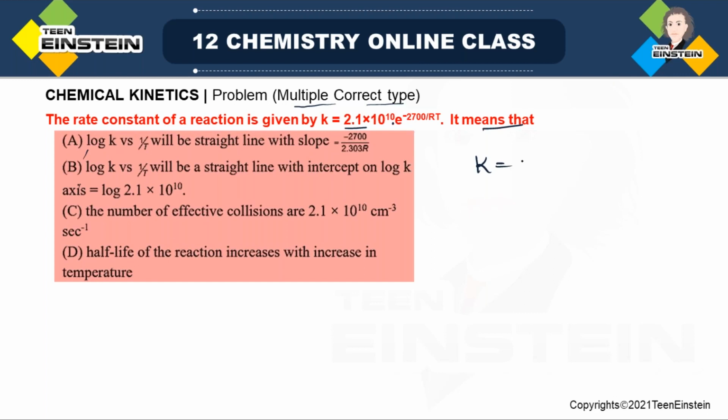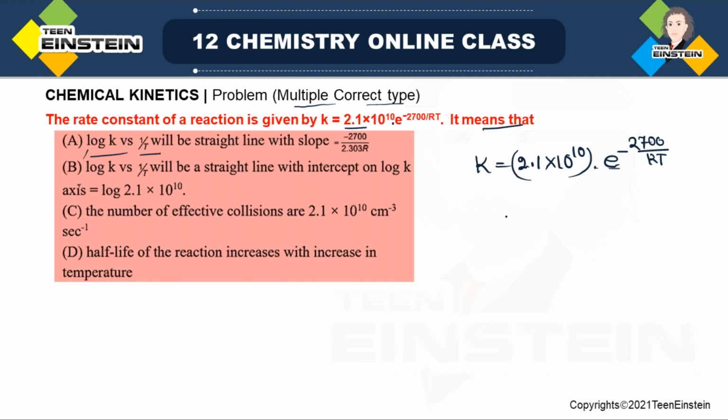First we'll write this expression: 2.1 times 10 to the power 10, then e to the power minus 2700 by RT. Now, as the graph is log k versus 1 by T, we have to take log on both sides. Before taking log we will take ln because we have an exponential term.